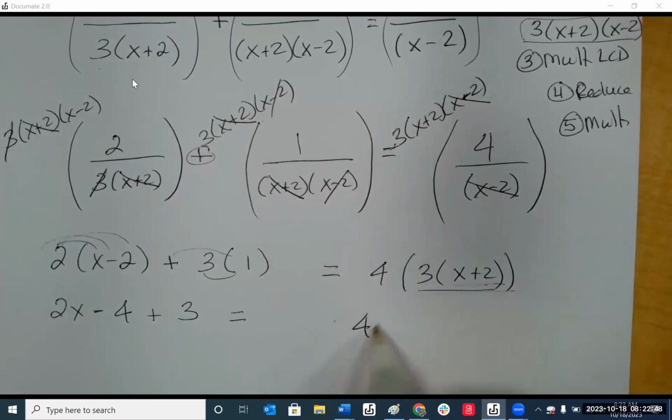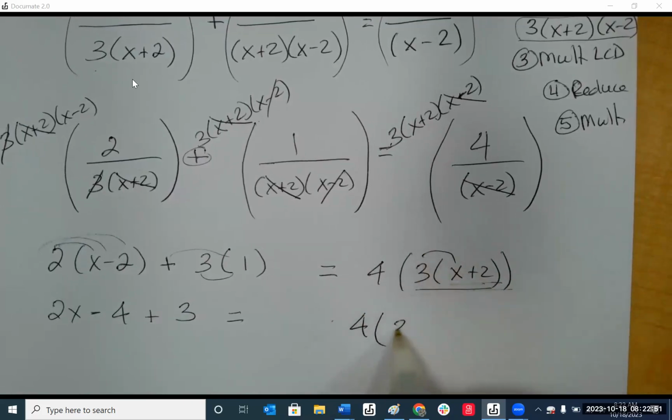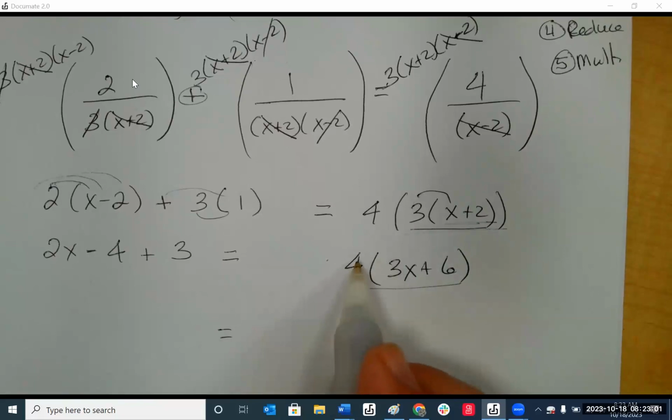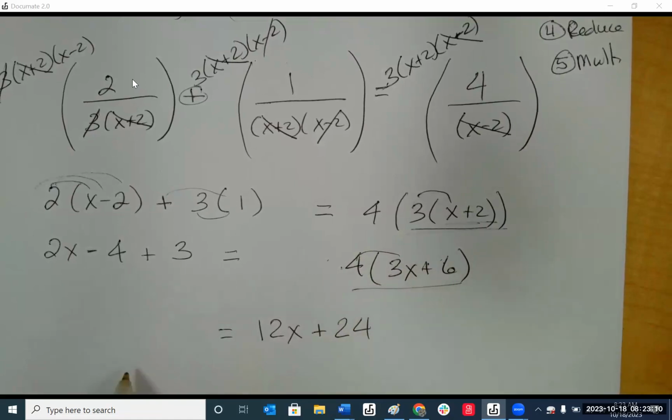So we have 3x plus 6. I have to do it again. 4 times 3 is 12. Positive and positive is positive. 4 times 6 is 24.